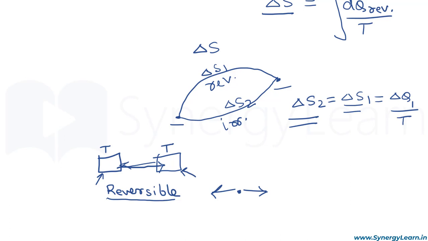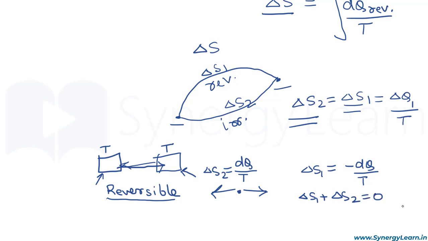Hence, the amount of heat supplied by the first to the second at any time, dQ upon T, will be the increase in entropy of the second, whereas the amount of heat lost by the first, which will be minus dQ by T, will be the change in entropy of the first. So as we can see here, delta S1 plus delta S2 is 0. That is, the total change in entropy is 0 and therefore entropy remains the same.